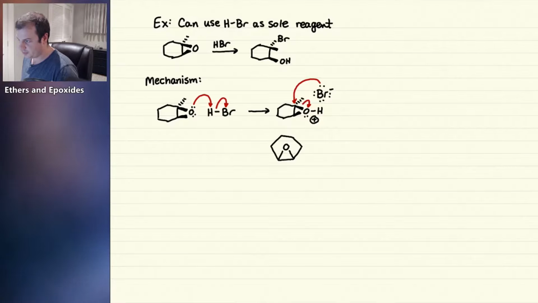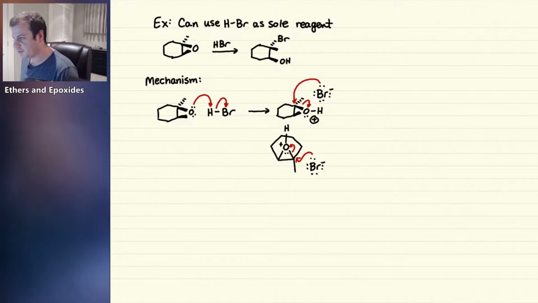So here's our cyclohexane epoxide going up, and it has a little H on it, and a plus charge. And then we're also going to have a methyl group that's going down, and then our Br- is attacking that epoxide at the more substituted side and kicking electrons onto oxygen.